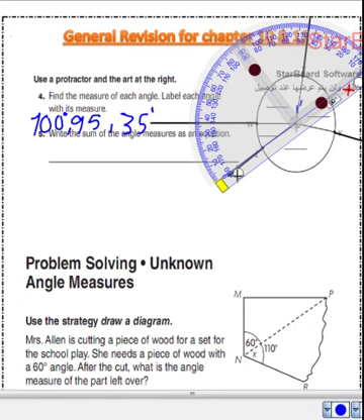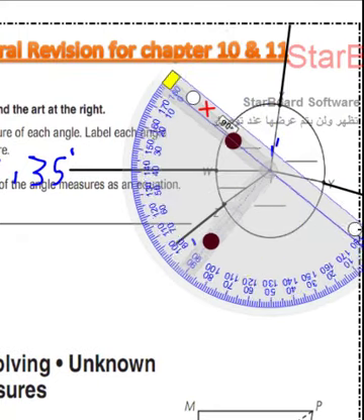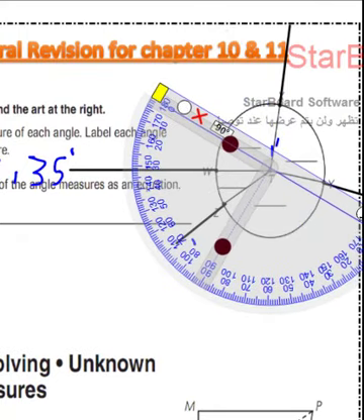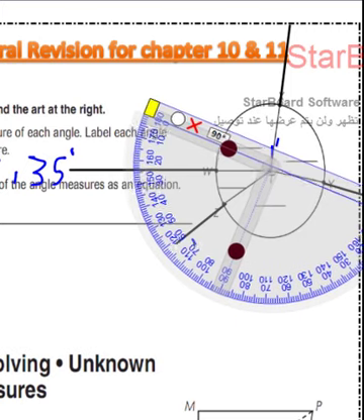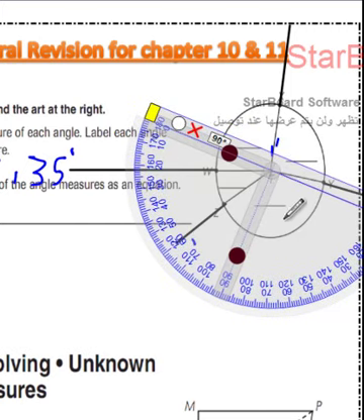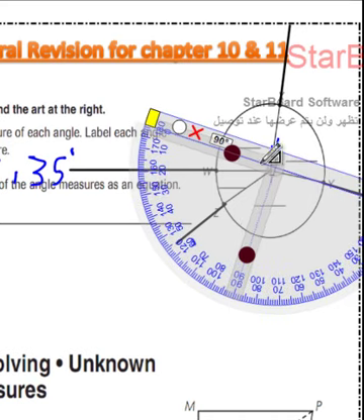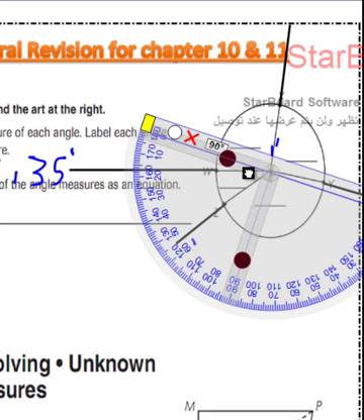The last one, move your protractor, put the 0 on the ray and the center on the vertex.